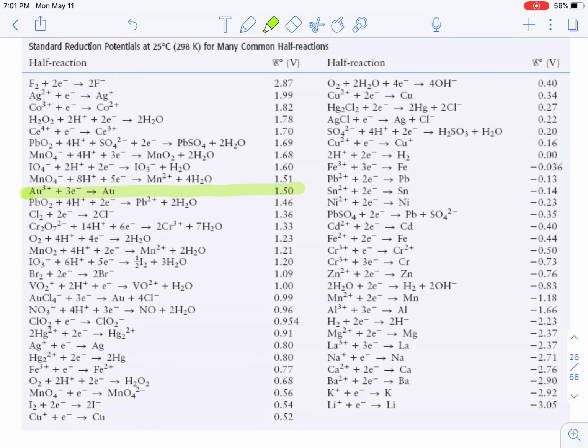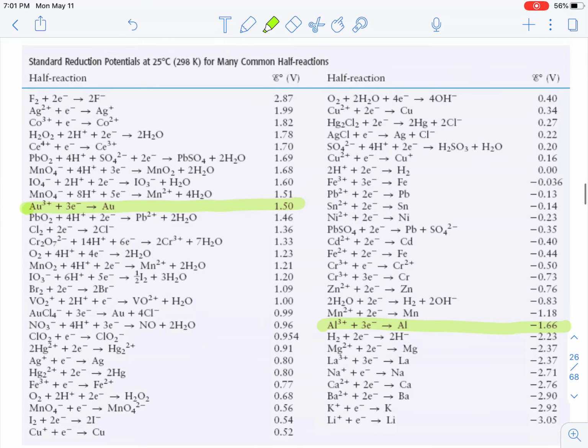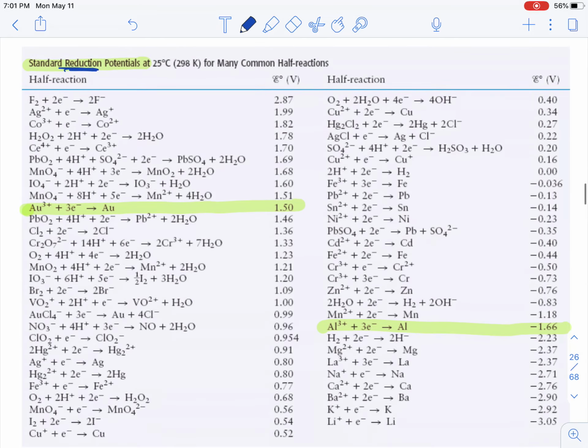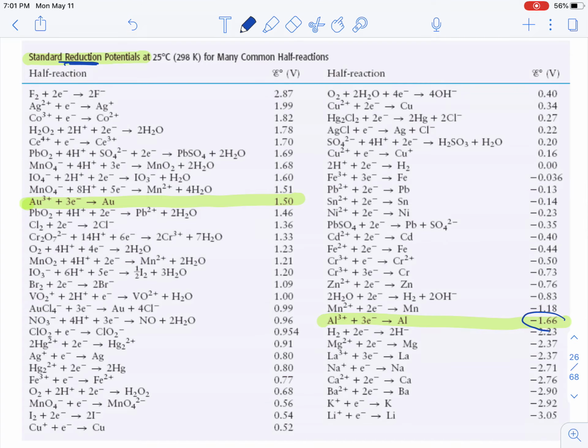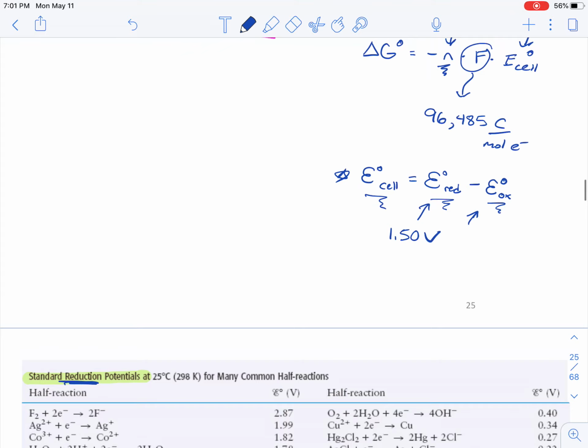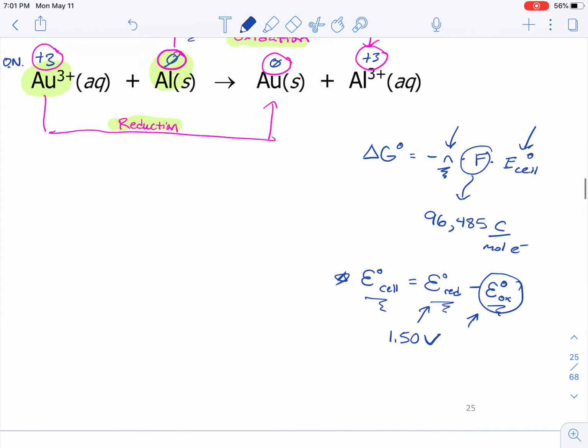And so it looks like aluminum 3 plus is going to be negative 1.66. Now, please remember that these are standard reduction potentials, reduction specifically. And so since these are standard reduction potentials, then we're going to go ahead and plug in the negative 1.66 into the place where oxidation is being described in the equation, right?